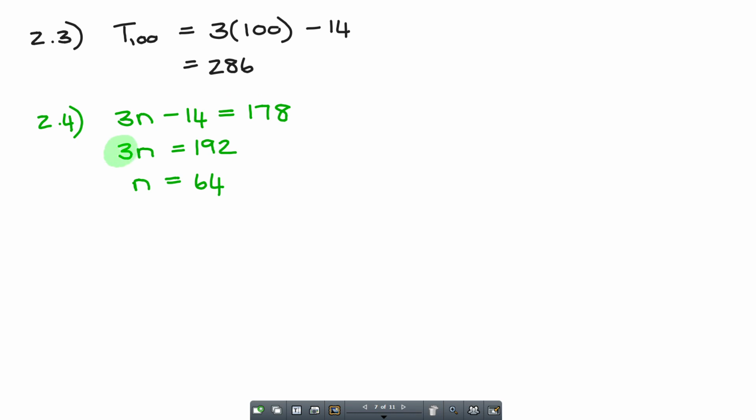Now I want to get rid of that 3, so if I take it over, it becomes divided by 3, en dit is hoe ons kry, n is 64. So jy kan miskien net daar eindig en sê, term 64 is gelyk aan 178. Okay. Right, so that was the linear patterns.